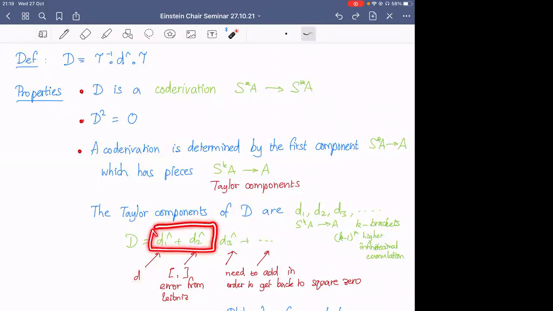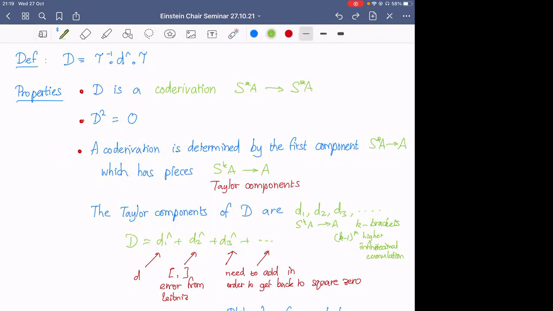This plus this doesn't have square 0. And now you're fighting to get back to something which does have square 0, this D. So you can keep adding terms which are correcting the fact that this square was not 0. Now you add this and you keep adding these terms. And in the end, D will have square 0. So you can think of that as an infinite family of properties.